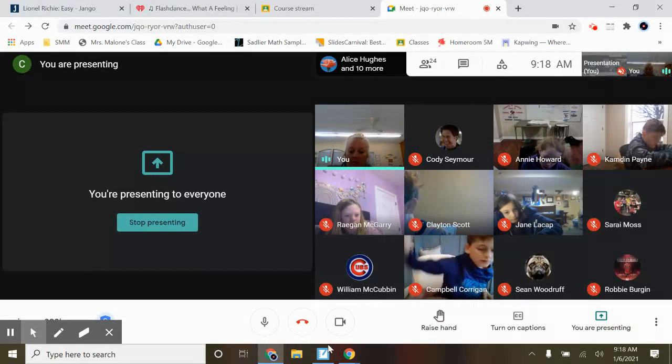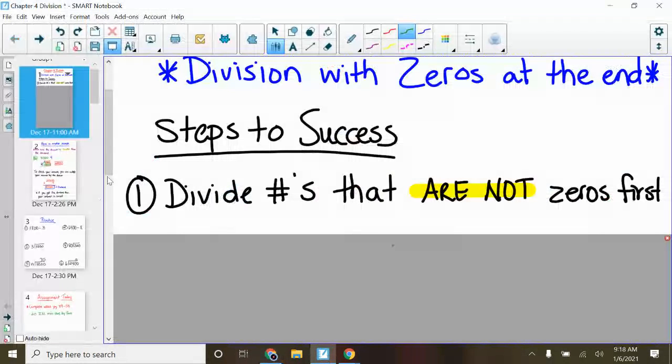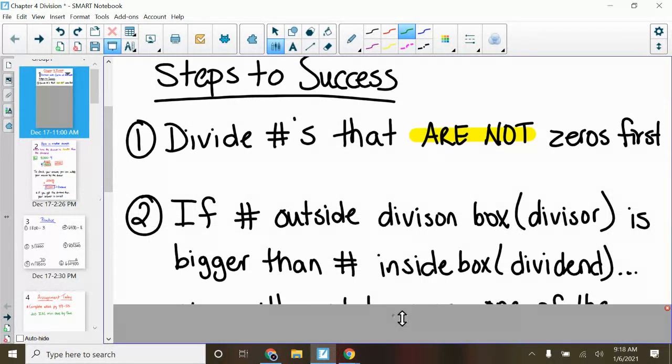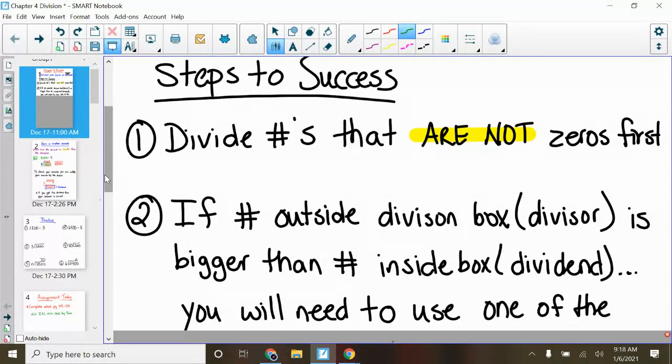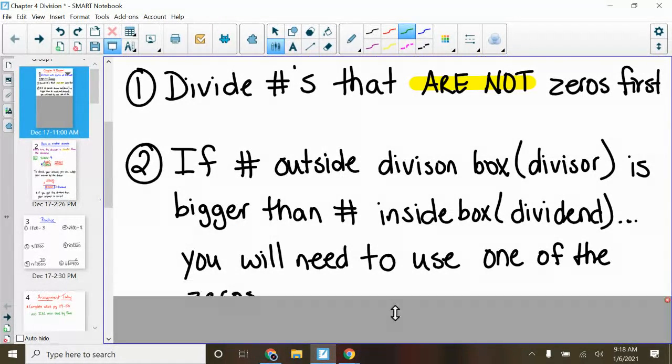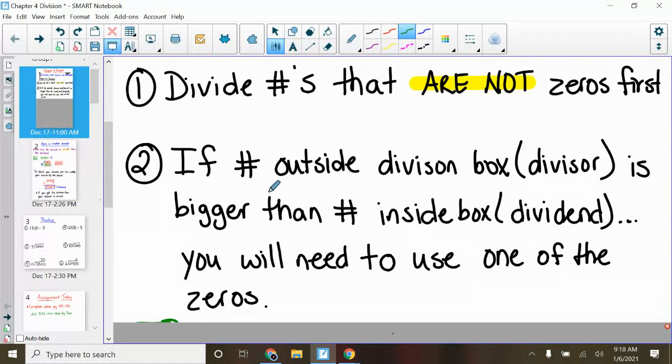Okay. So moving on to step 2. Step 2 in being successful is a little longer. It's got a little more information involved with it, and some math terms that you probably have not heard or seen before. It says that if the number outside the division box, and we call that number a divisor, okay? You're going to hear me use these terms a lot throughout this chapter, and you'll become more comfortable with them the more I use them.